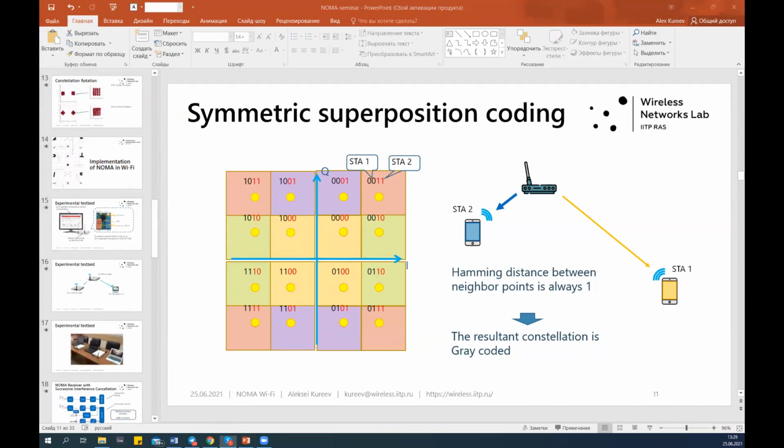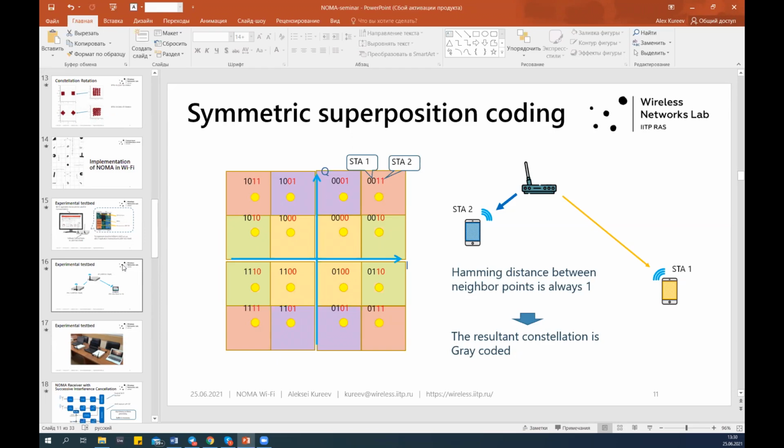So I received a question in chat from Dmitry. Does it work efficiently in case the powers of the UEs are equal? Yeah. So if we consider uplink or downlink NOMA transmissions, NOMA is effective when we have some difference in power, when the channels are different. If the gains in the channels are equal, the usage of NOMA is ineffective.